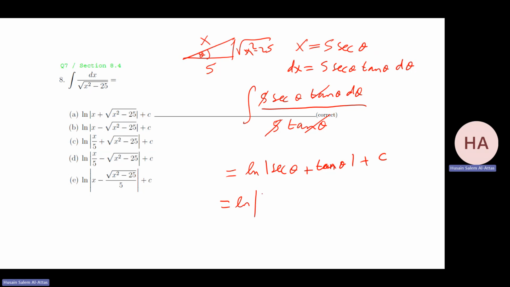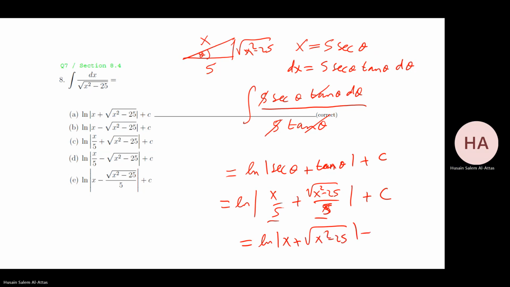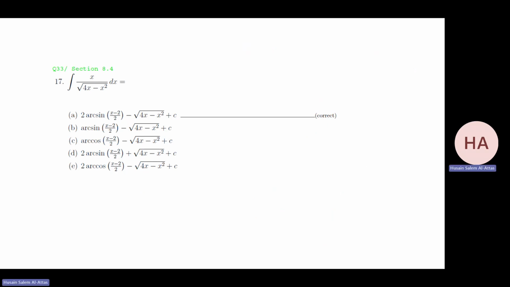Secant is x over 5, and tan theta is the opposite over the adjacent, over 5, plus c. This over 5, I can take it with the c. So you have ln, like what we did before, and that will be my answer.